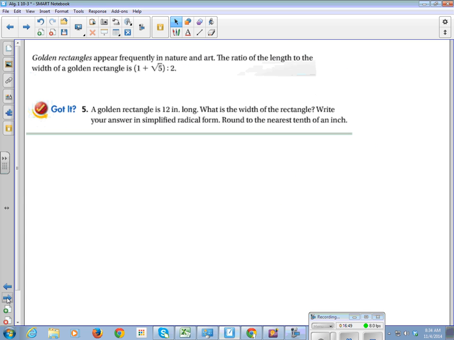One more topic before we can be happy today. Golden rectangles appear frequently in nature. The ratio of length to width of a golden rectangle is 1 plus root 5 to 2.